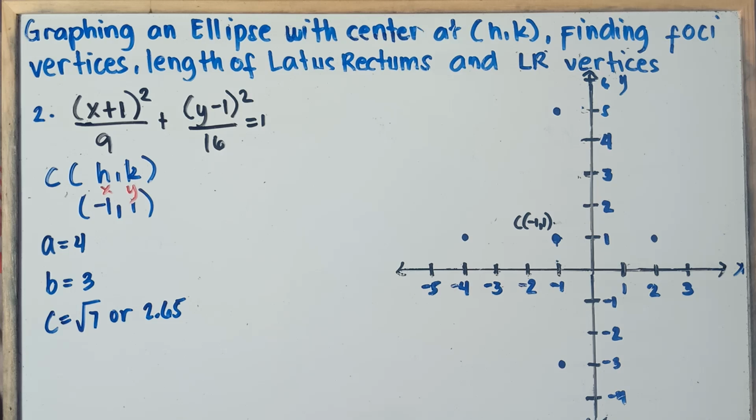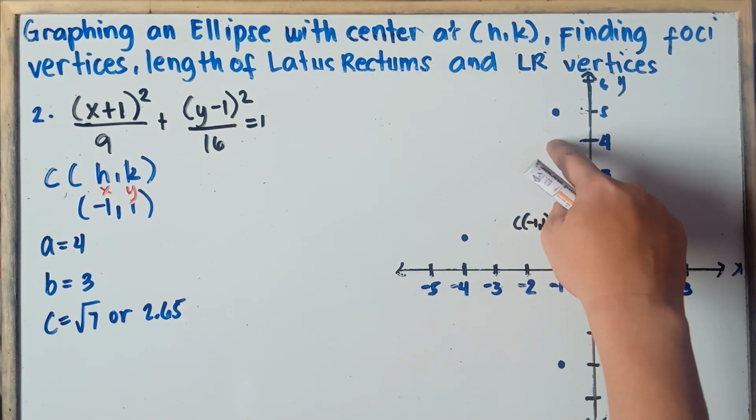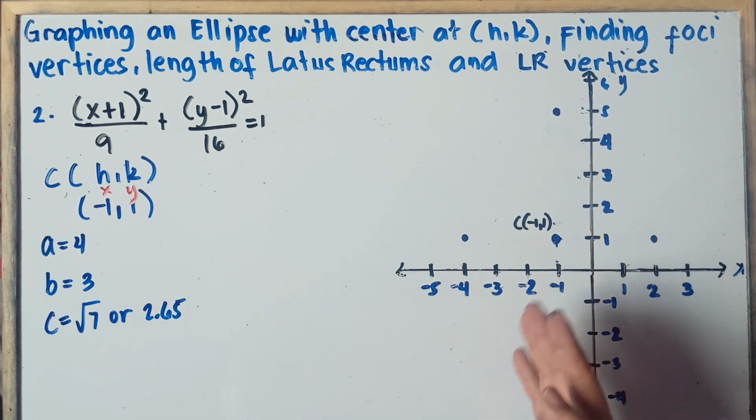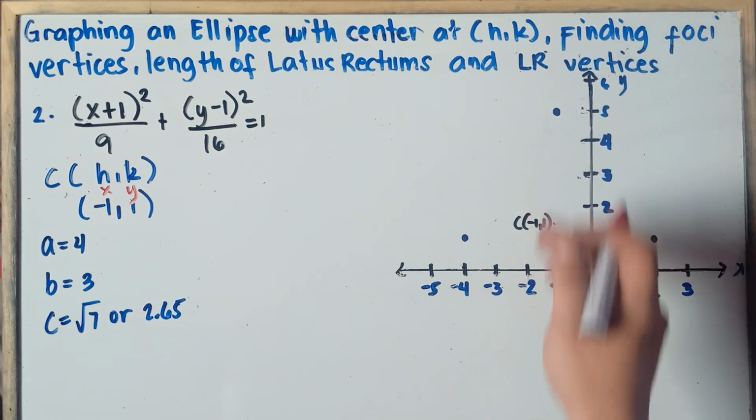Always remember that one, class. The focus is always located on the major axis. So starting from the center, you move 2.65 units upward and then 2.65 units downward. Sir, why upward and downward? Because our major axis, class, is located on the y-axis.